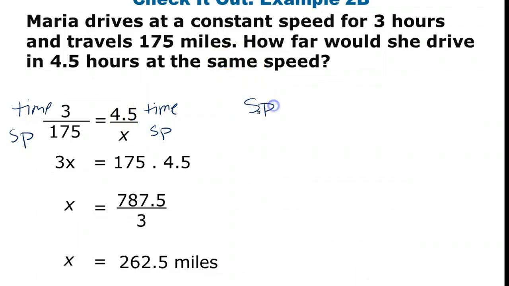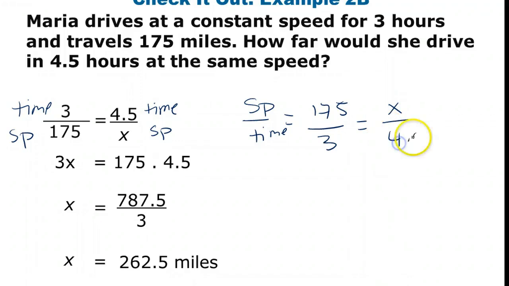So we could do speed to time, as long as we make sure we write everything the same. We also flip everything else. So again, just to show you that there are different ways that we could write the ratios, the proportions, as long as they are constant. Alright, so here's my answer right here, will be 262.5 miles.